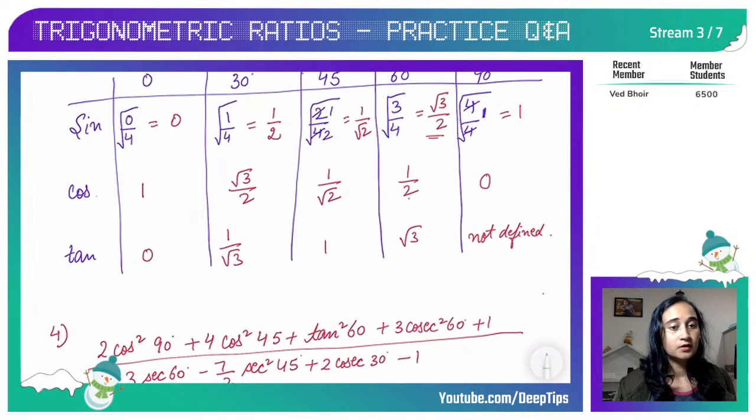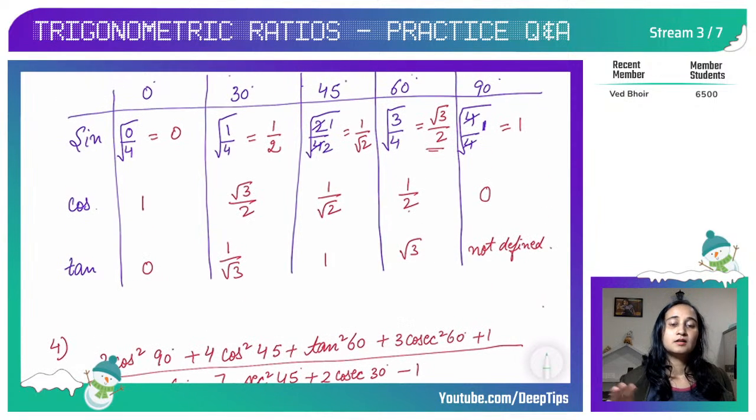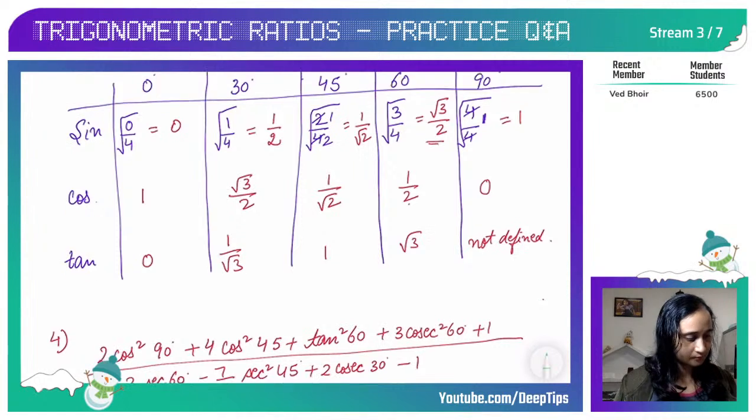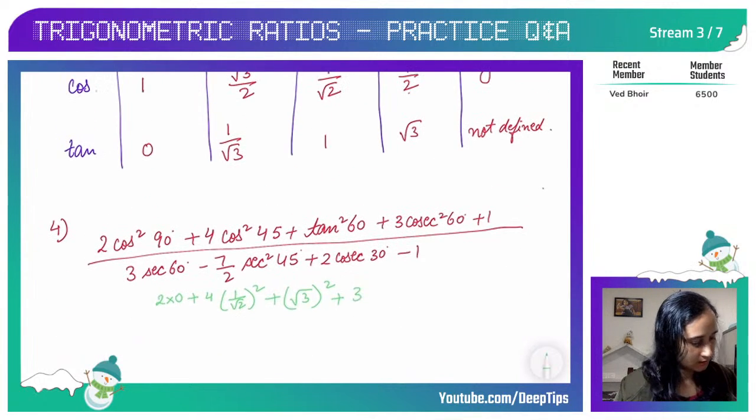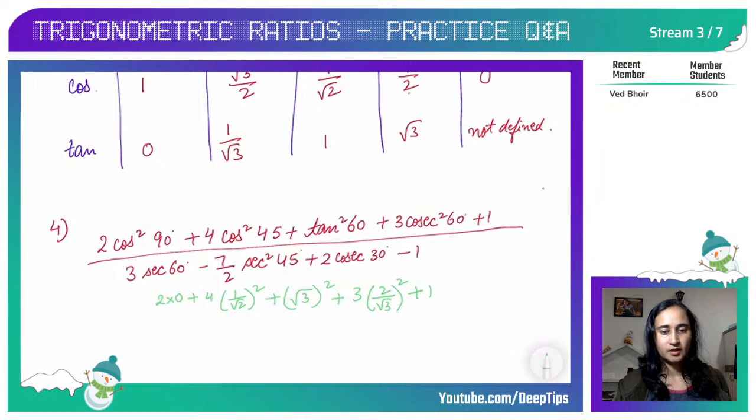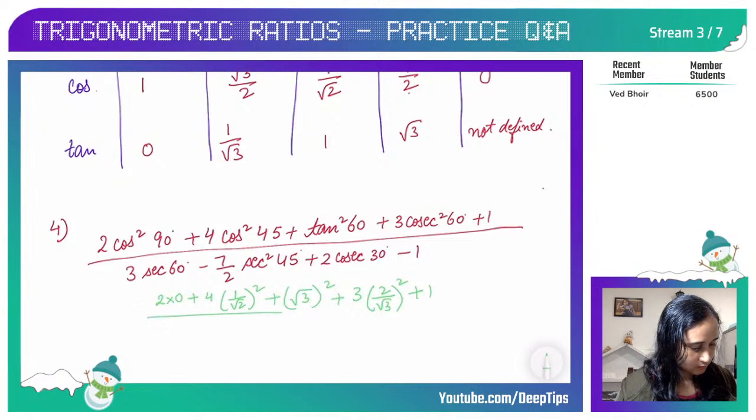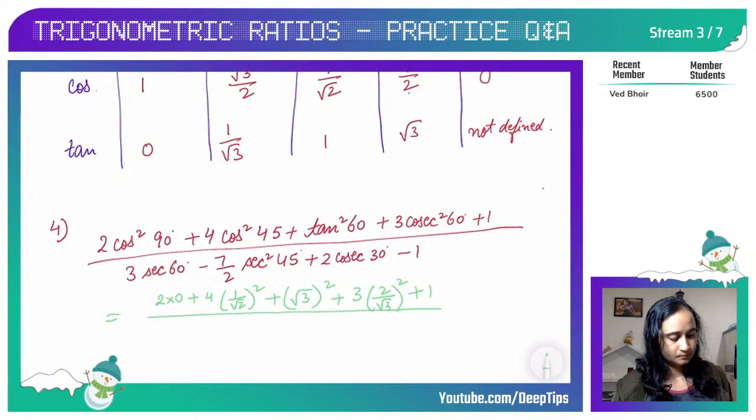Now we know that the reciprocal of the trigonometric ratio of sine gives us cosecant, right? So cosecant 60 means 2 by root 3, just the reciprocal of sine 60. We will write here 3 into 2 by root 3 whole square plus 1. Okay, now let's look at the denominator. In the denominator I have secant 60.